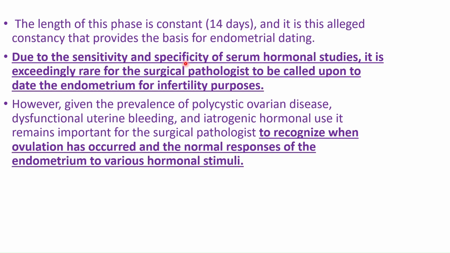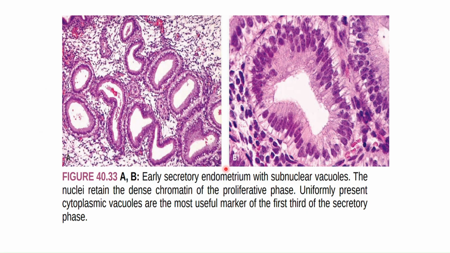Nowadays, due to the sensitivity and specificity of serum hormonal studies, it is exceedingly rare for the surgical pathologist to be called upon to date the endometrium for infertility purposes. However, given the prevalence of polycystic ovarian disease, dysfunctional uterine bleeding, and iatrogenic hormonal use, it remains important for the surgical pathologist to recognize when ovulation has occurred and the normal responses of the endometrium to various hormone stimuli.